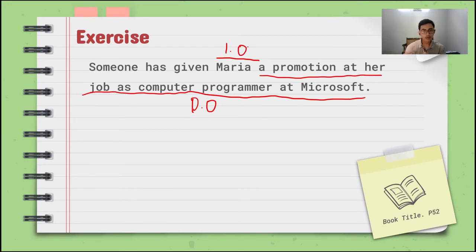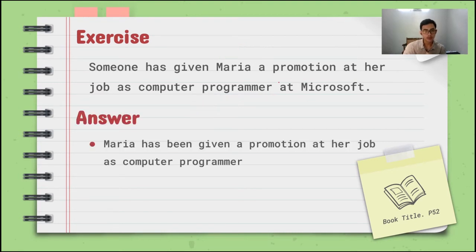We can form two forms of passive voice. The first form is if the indirect object becomes the subject. So Maria has been given a promotion at her job as computer programmer at Microsoft.